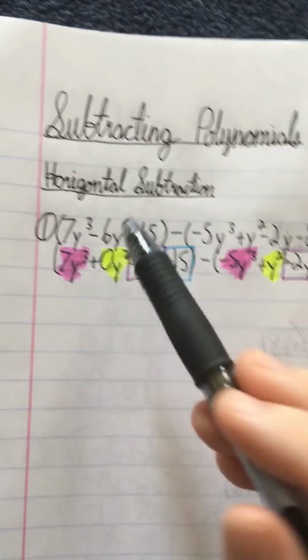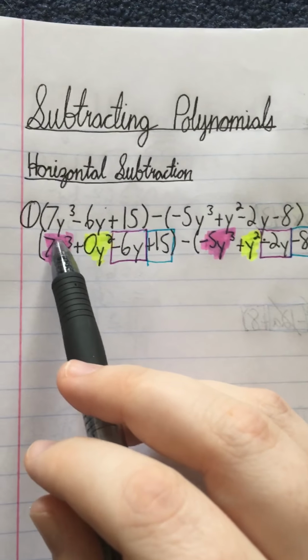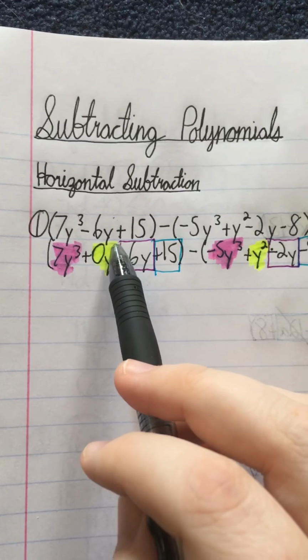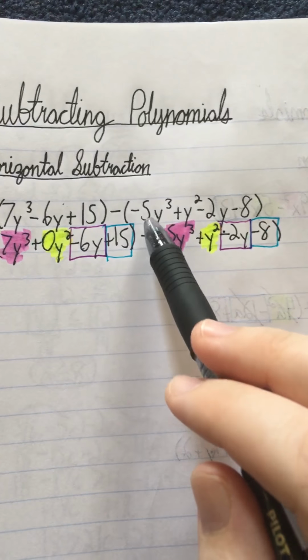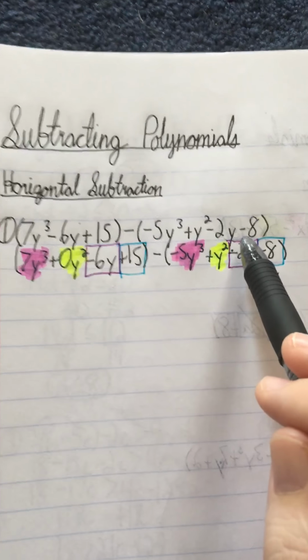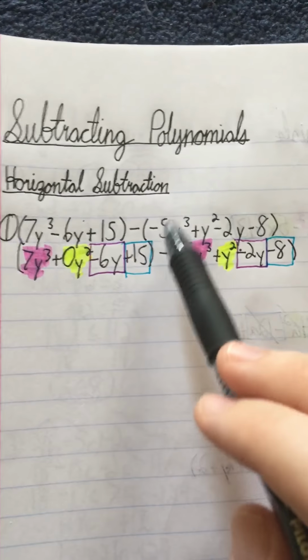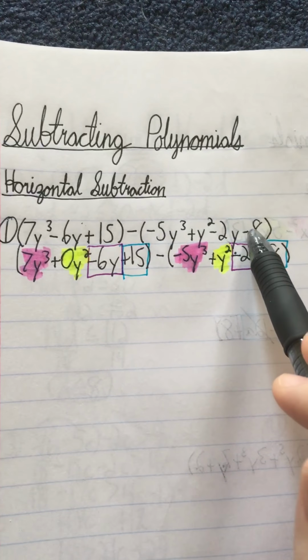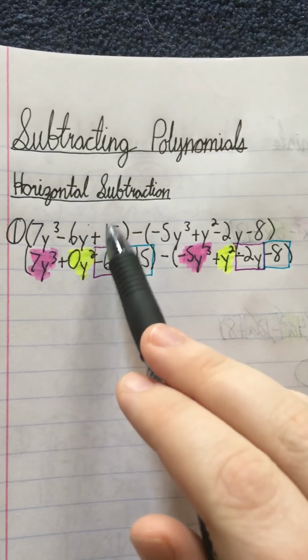So when I wrote this problem, 7y cubed minus 6y plus 15 minus negative 5y cubed plus y squared minus 2y minus 8, I realized that there were more terms in this second polynomial than in the first one.